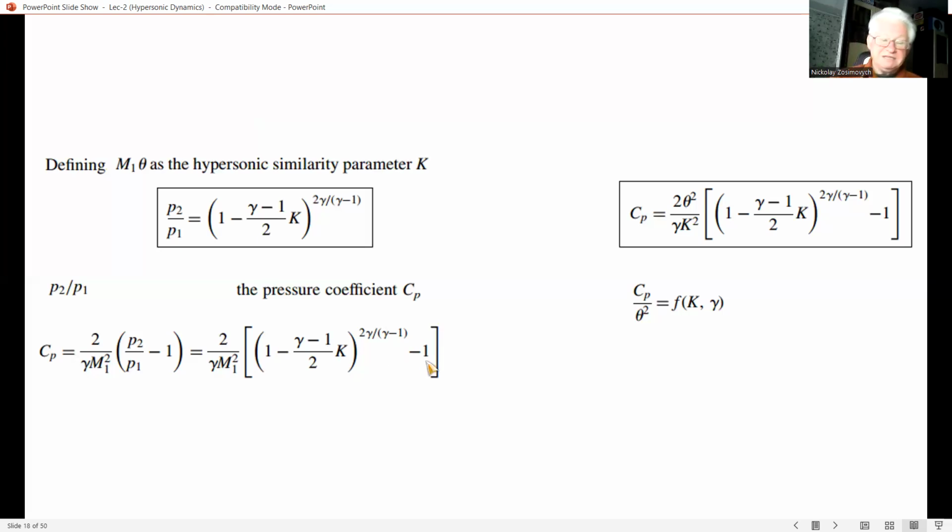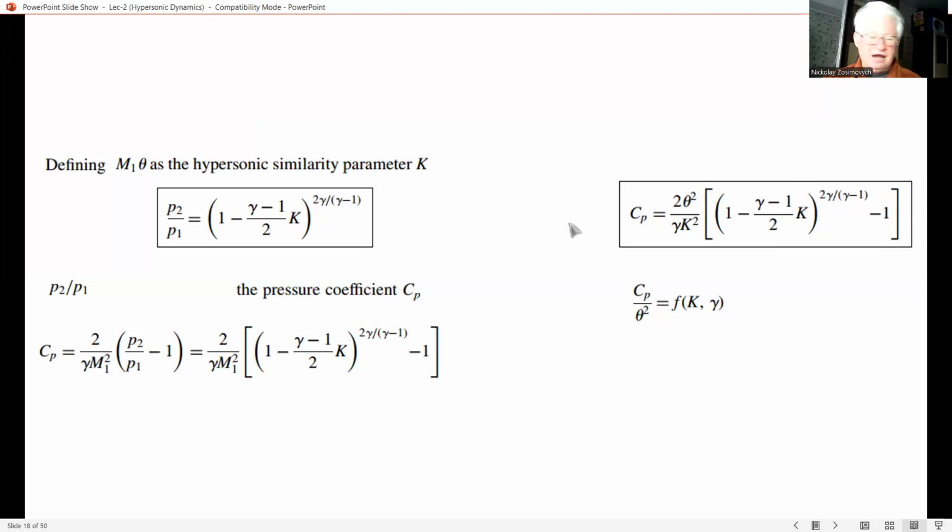Multiplying and dividing the right-hand side by theta squared, we can obtain this nice expression for Cp: 2 theta squared over gamma K squared, and the second parameter in this bracket, 1 minus gamma minus 1 over 2 times K to the power 2 gamma over gamma minus 1, minus 1.